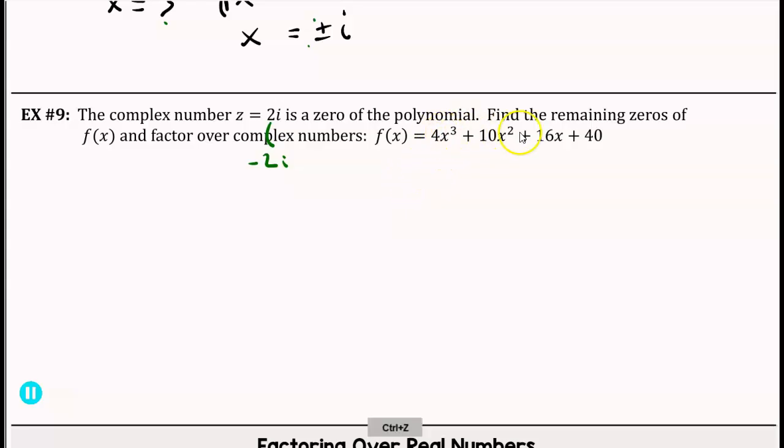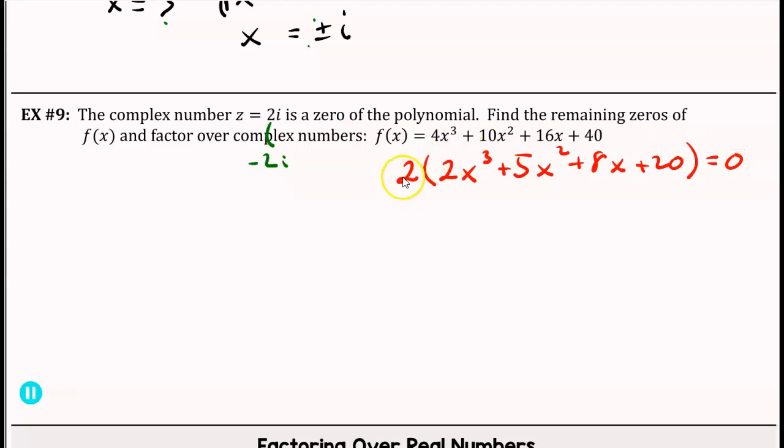There's a factor of 2 for the whole thing. So let's take out a 2 out of the whole thing. That's probably even better. Yeah, let's do that. So we have 5x squared plus 8x plus 20. Yeah, that's better. Okay, and we're going to set this equal to 0 and factor it.